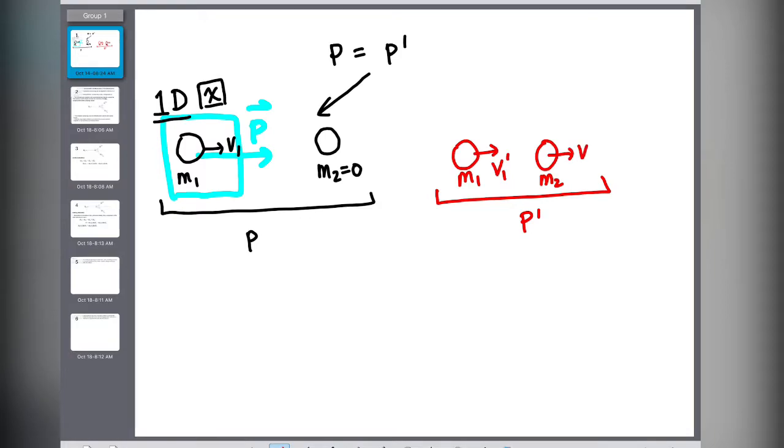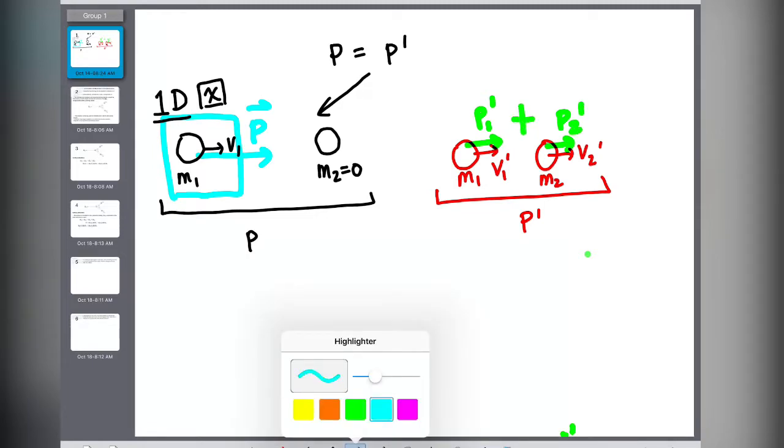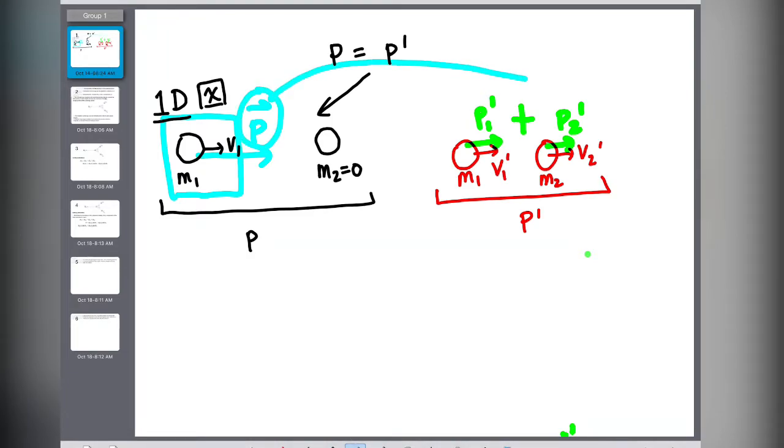Whatever the new momentums are, P1 final and P2 final, these two must add together and equal the initial one. The total must be the same, and that's what is called conservation of momentum.